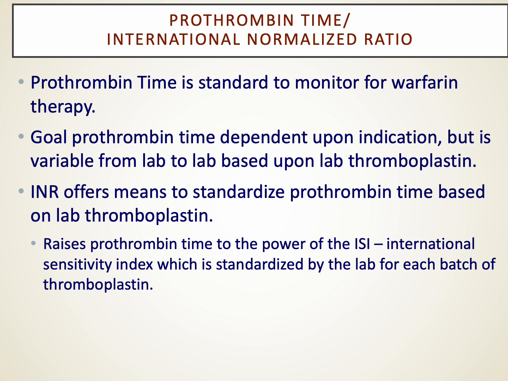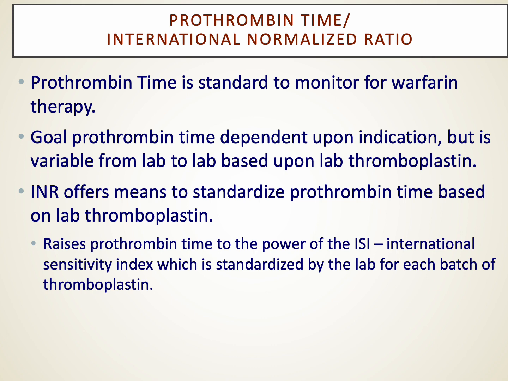The test we use to determine the degree of anticoagulation with warfarin is called the INR, the International Normalized Ratio. It's a standardized version of the older prothrombin time, and it's standardized to the reagent the lab uses. If you were to go back in time 20 years for patients on warfarin, we only used the prothrombin time.